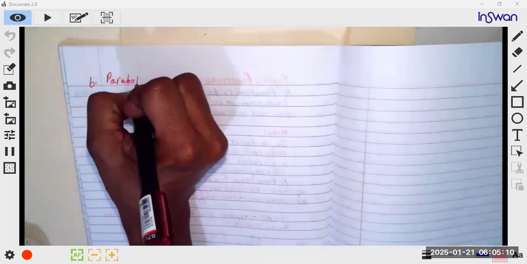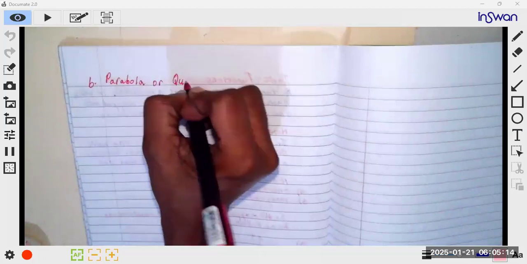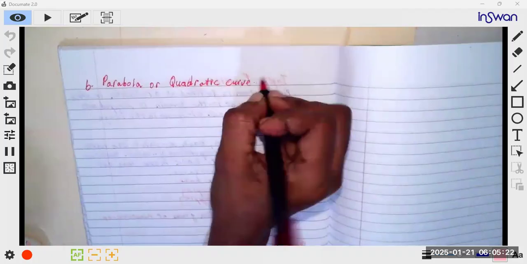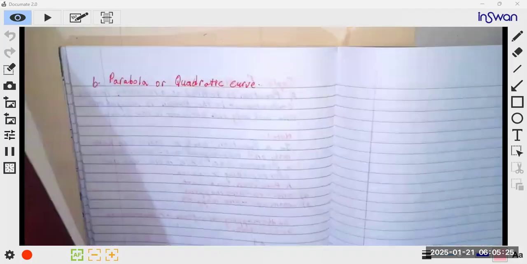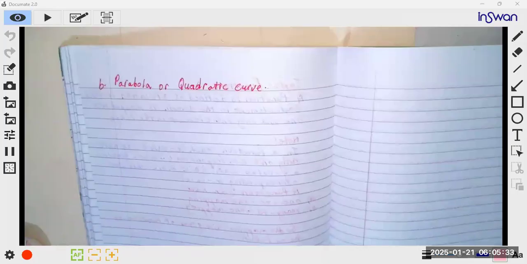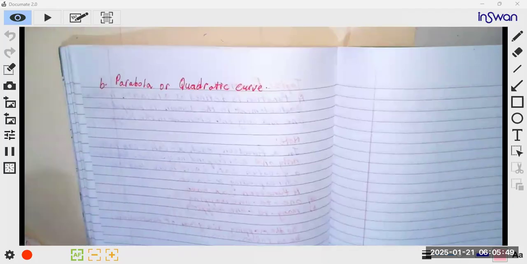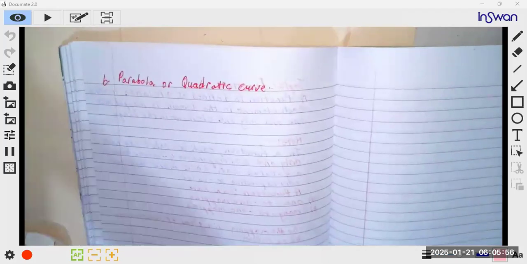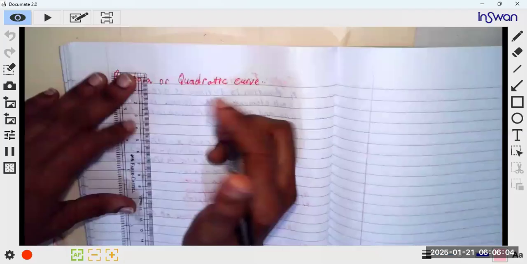Parabola or quadratic graphs, as we will call them, quadratic curves. Okay, so this is what you all will do. It can be in this format, I'll show you.